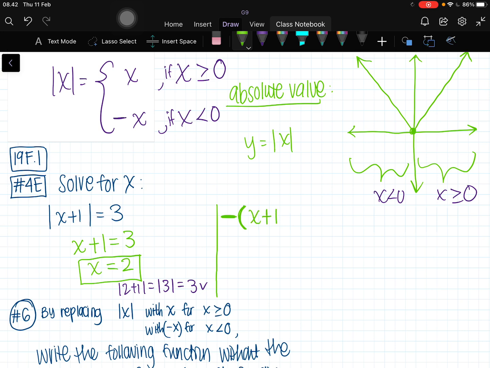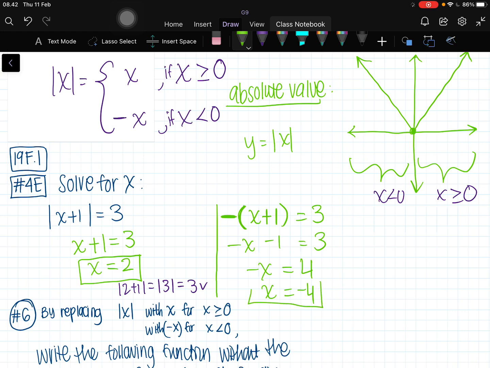So we're going to take the negative of x plus 1 and then set it equal to 3. Okay, negative x plus 1. I'm just going to rewrite this as -1. That is 4. And then x equals -4.